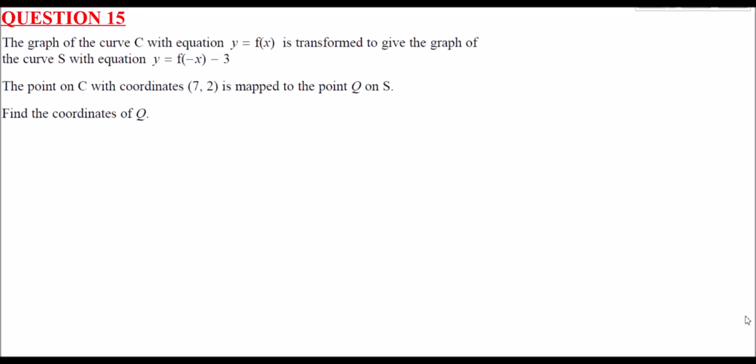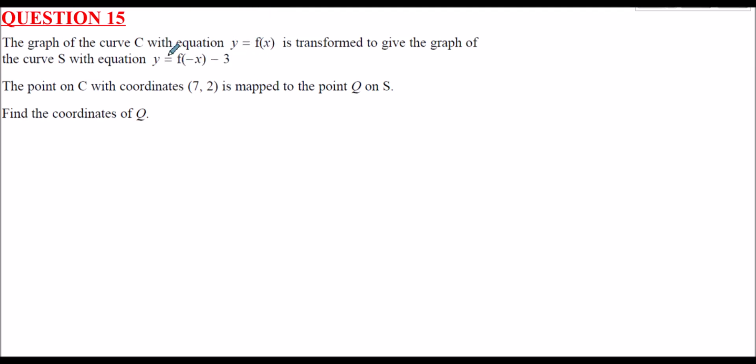Question 15, we have a transformation of functions question. So we have a curve C with equation y equals f(x), and it's transformed to give a curve S with equation y equals f(minus x) minus 3. And so we need to think about what to do first.